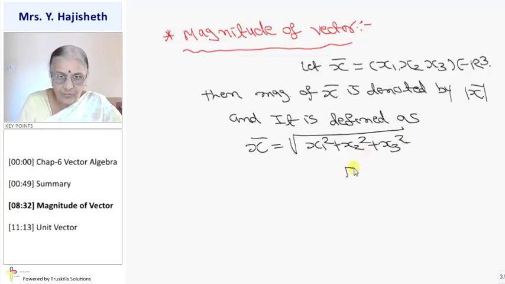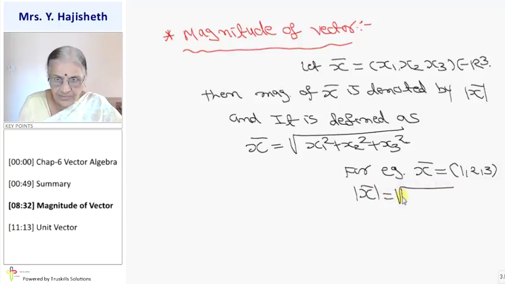For example, suppose x is the triplet (1, 2, 3). Then how do I define mod x? Mod x is under root 1 square plus 2 square is 4 plus 3 square is 9. So root 14.